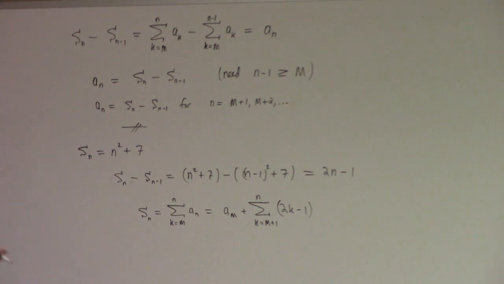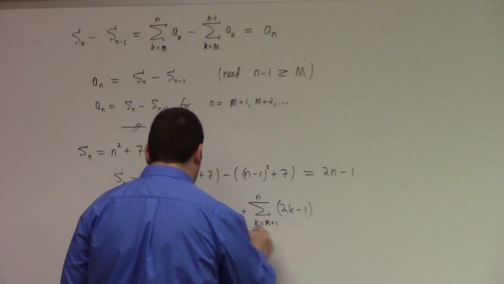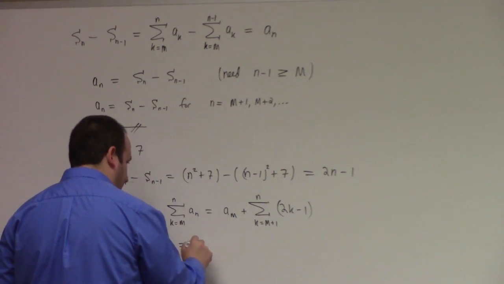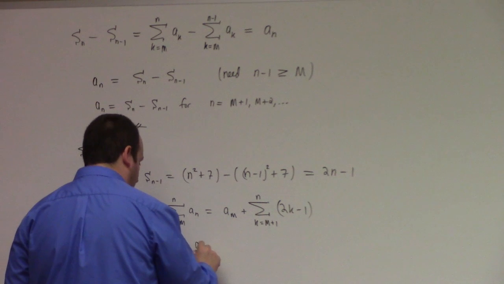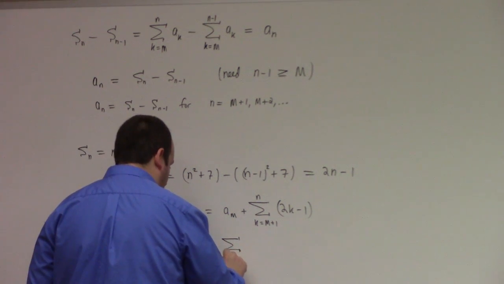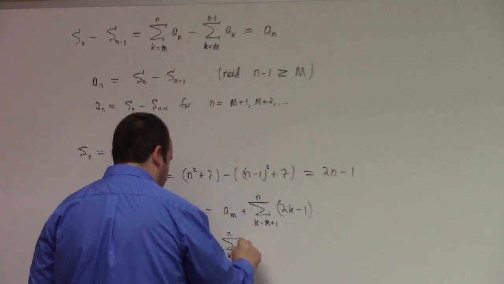And I think you can make this go for any choice of m that you like. What's a nice, easy choice for m? I think we should let m equal 0, let's say. If we let m equal 0, we have S_n equal to a_0 plus the sum k equals 1 to n of 2k minus 1.